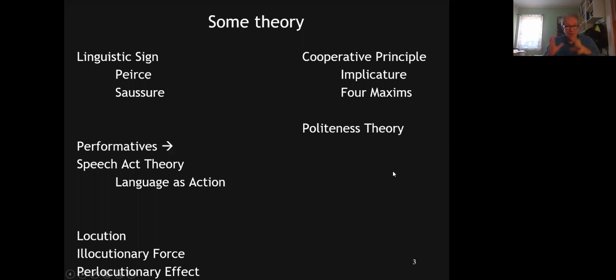You speak in a relevant way, you speak in a clear way, you speak in a truthful way, and you say no more or no less than you need. And that's just the default. Our basic interaction just works like that because we've been brought up that way. We're socialized that way.